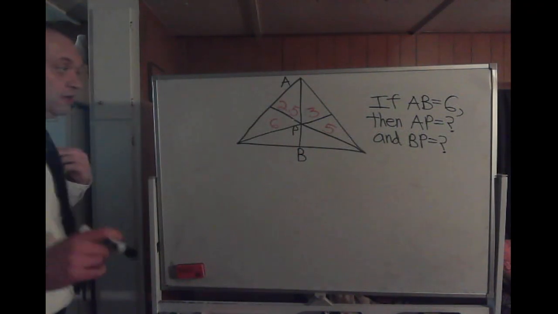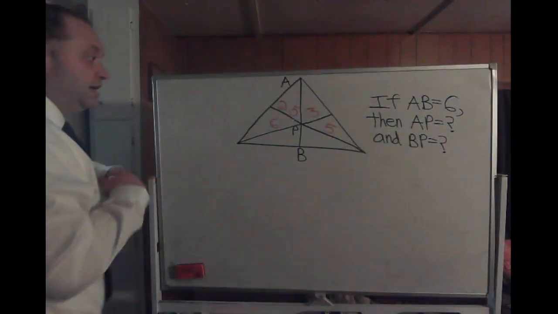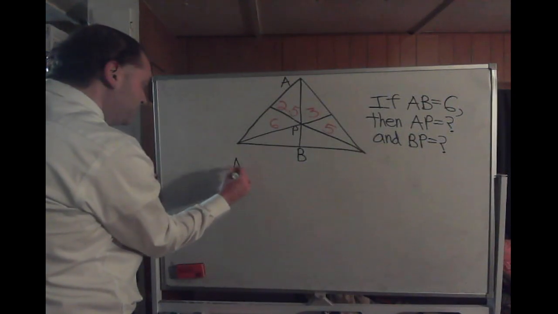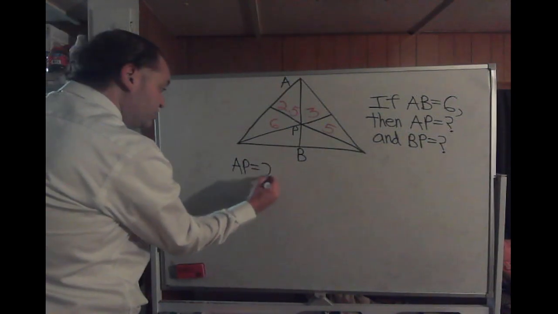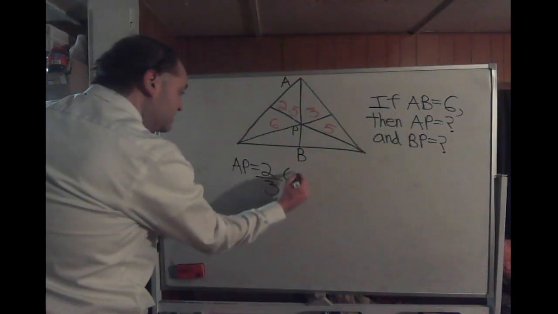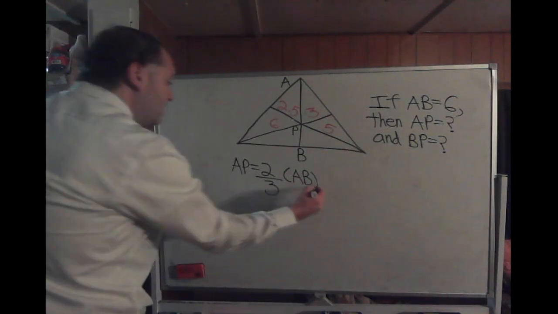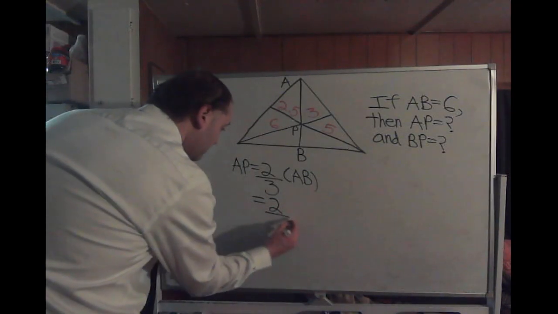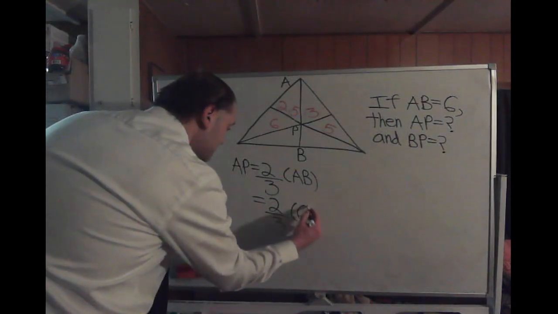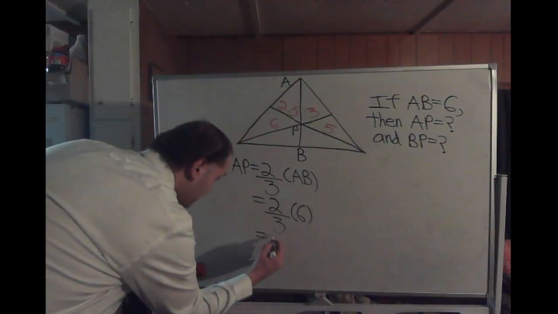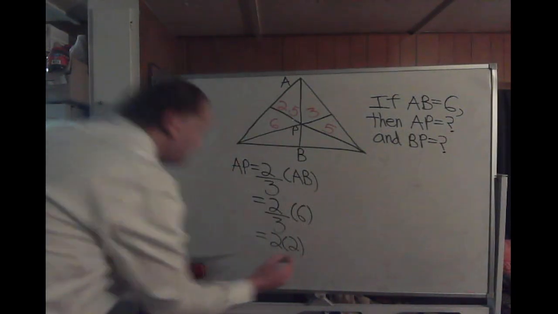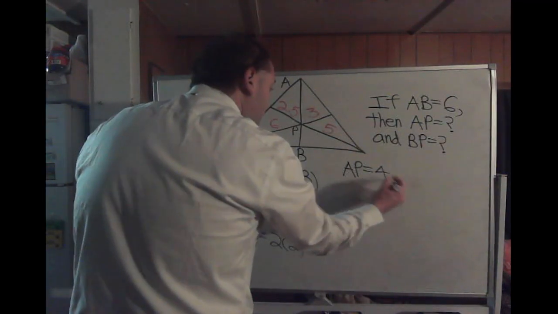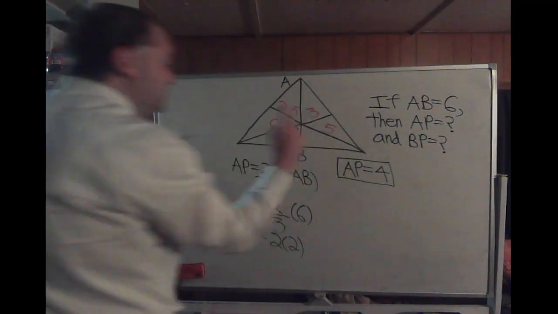Well, according to the theorem we just learned, the distance from A to P is 2/3 of the distance of the whole median. So AP is simply equal to 2/3 of AB, which would give you 2/3 times 6, which is 2 times 2, so AP is equal to 4.